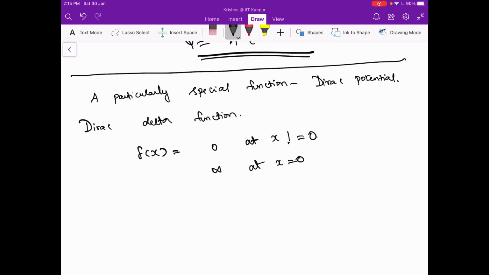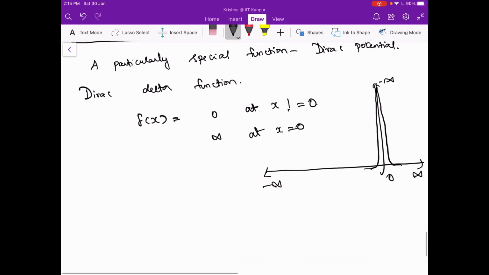So if we plot it, it's like this: x tending to minus infinity and infinity. At x equal to 0, it is an infinitely large line. I obviously cannot draw this, so I'm drawing it such that, let's say, this goes to infinity, right? And obviously this function is not normalizable.